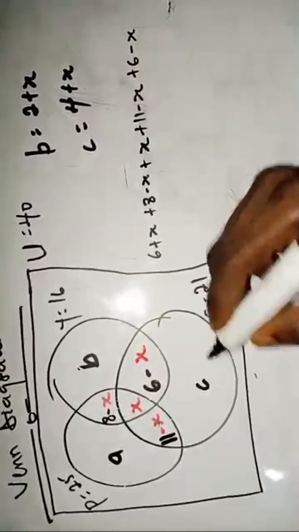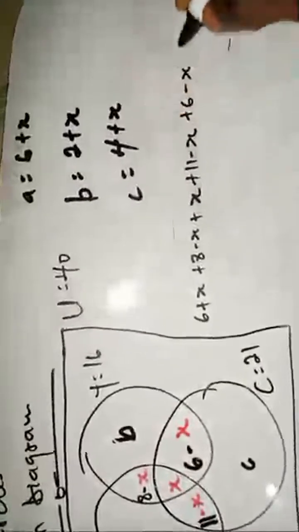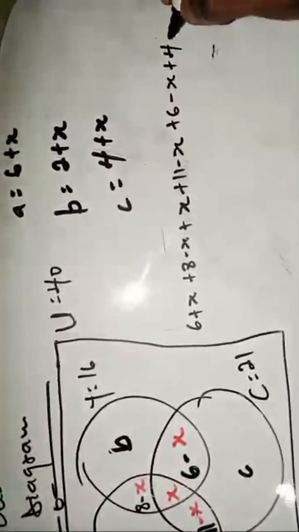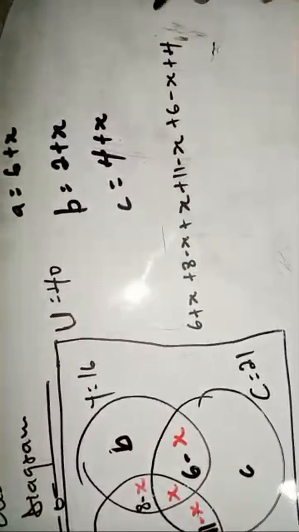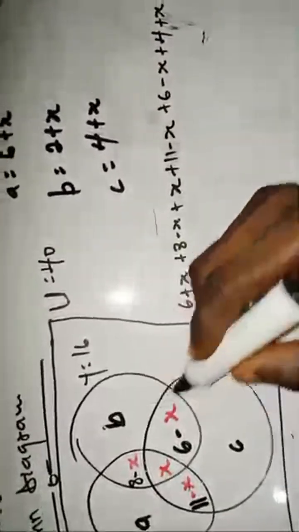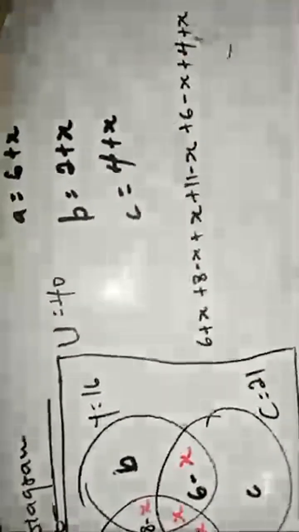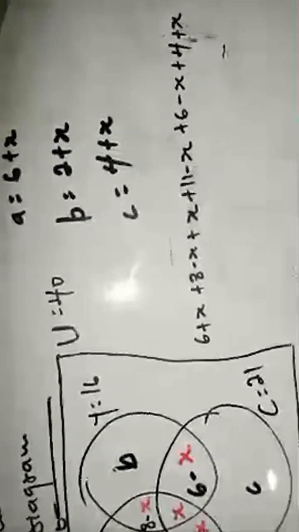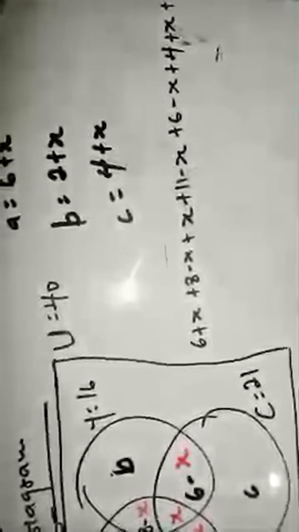What is here? C, right? So what's the value of the c? C is plus 4 plus x, and then finally b is 2, so plus 2 plus x, everything is equal to 40.